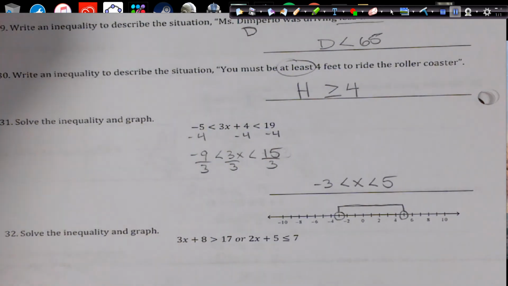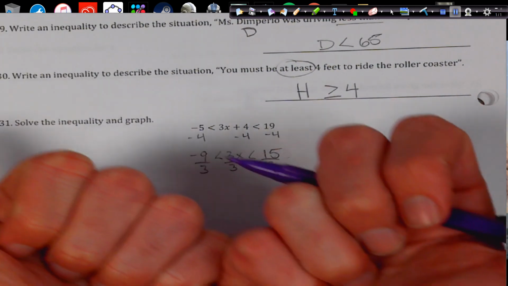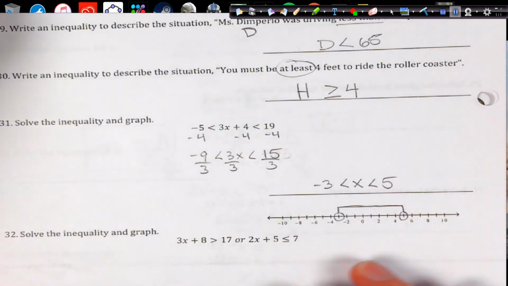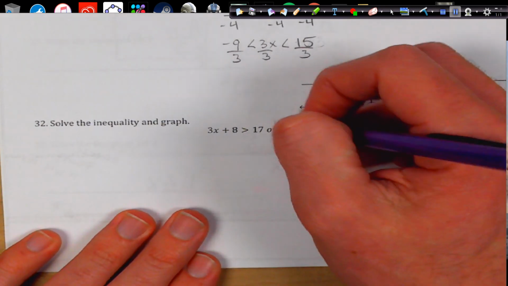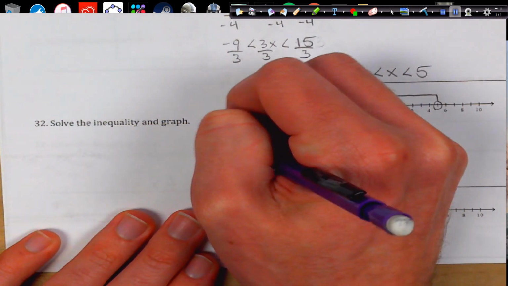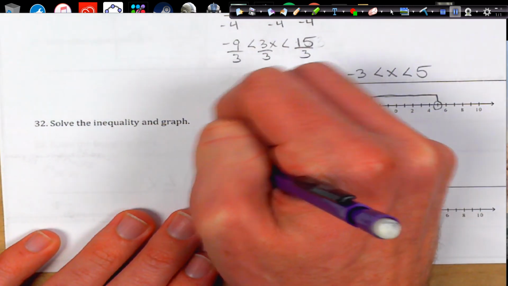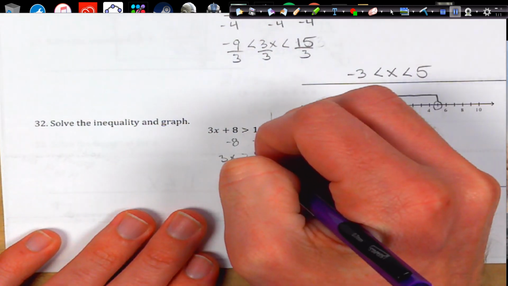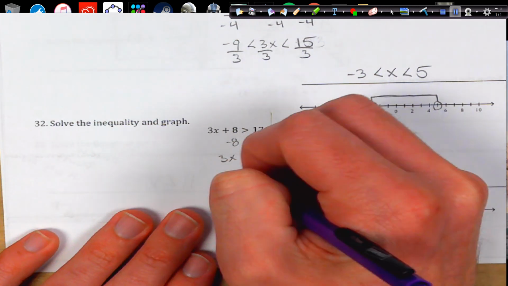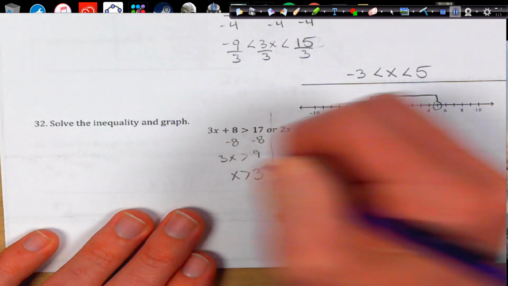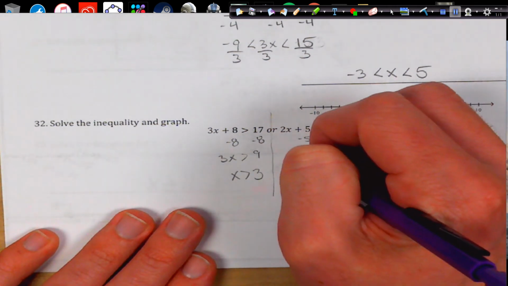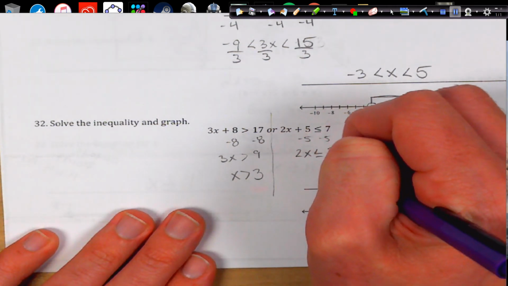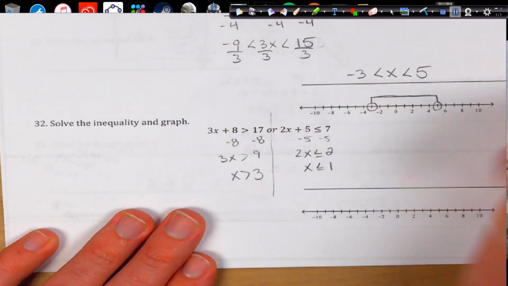This next one's an or problem, so we're going to go outward. So we just solve this as two separate problems. Negative 8, 3x is greater than, this is going to become 9, divide by 3, and we get 3. Over here we're going to subtract 5, 2x is less than or equal to 2, x is less than or equal to 1.